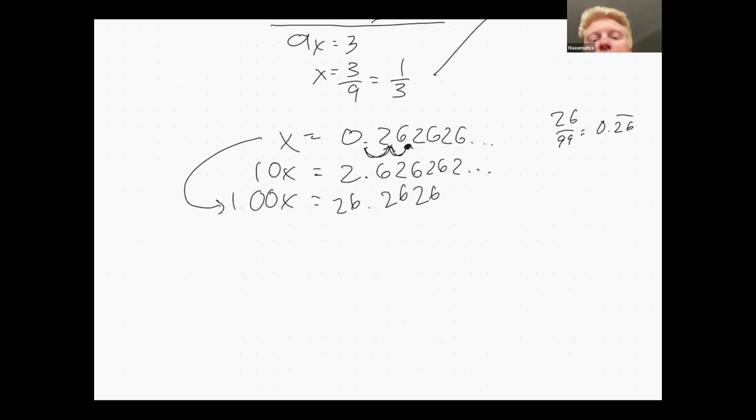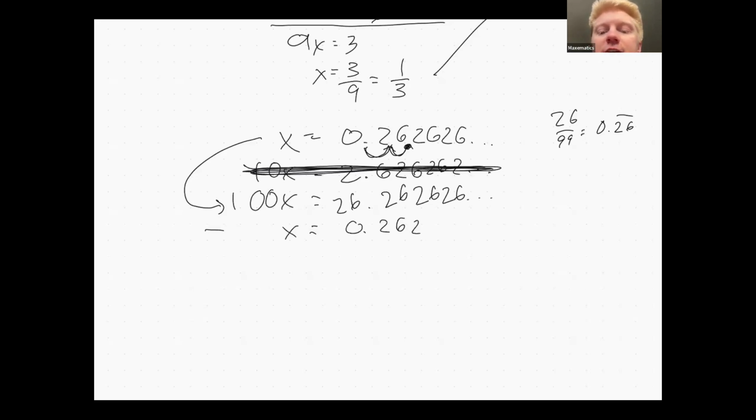Well, we don't want to do anything else with 10x, right? That was kind of the bad sheep. We don't want to deal with that. But notice that we have 100x equals 26.262626. And we can now subtract 0.262626. All right, well, you see everything to the right of the decimal place is the same again.